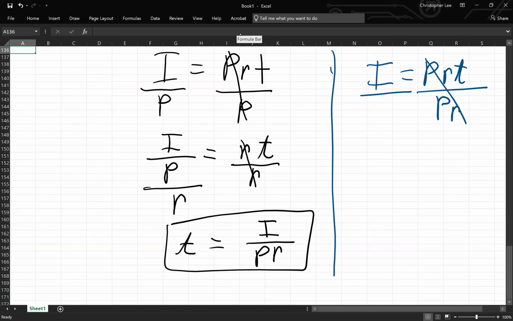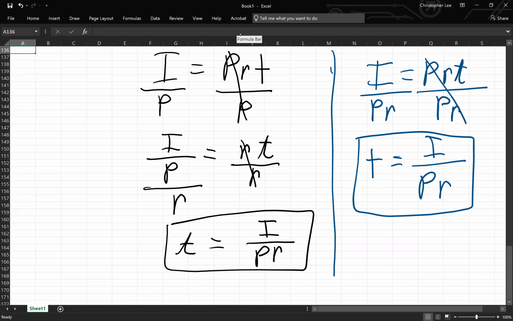And then what I do to one side, I do to the other. So there goes my final answer. T is equal to I over PR. That's how I do it. But I wanted you guys to see how to do it one by one in case you wanted to do that. Questions on this? This is solving a literal equation.